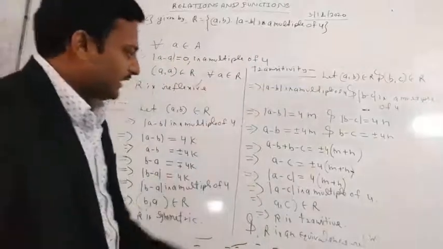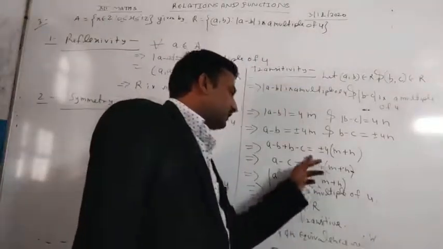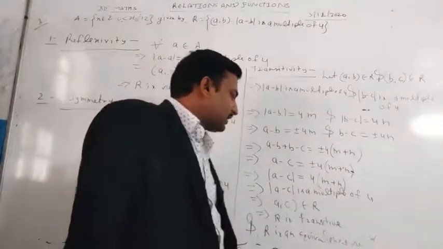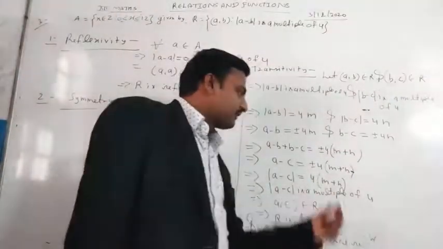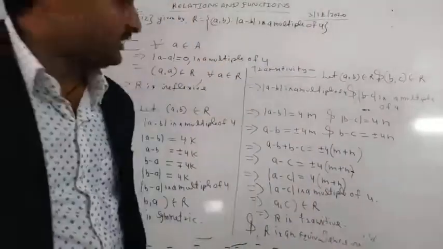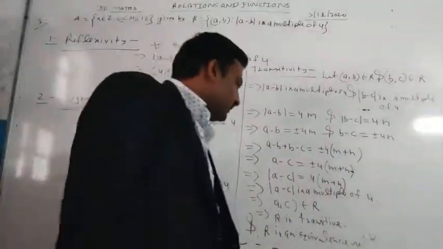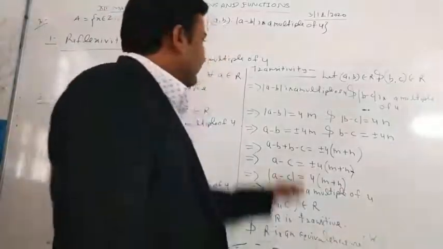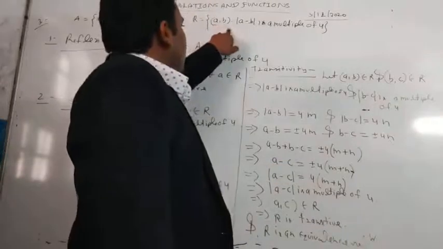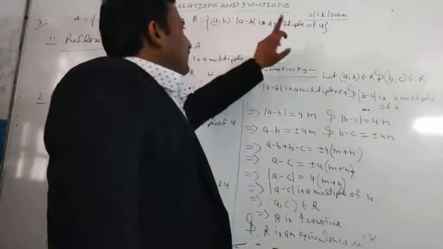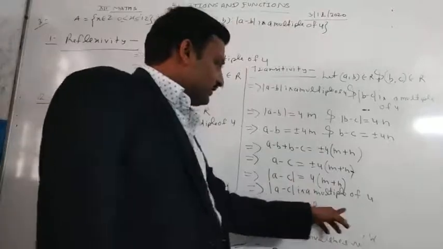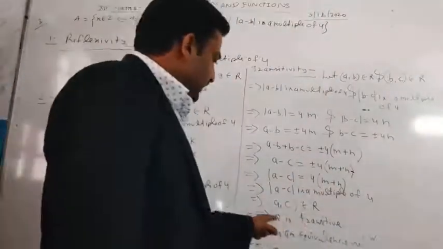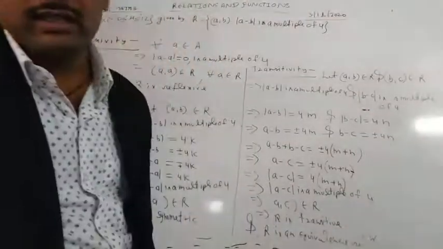When we write the modulus sign again, we remove the plus minus and write 4m plus n. So A minus C is a multiple of 4. By the definition, (A, C) belongs to R, because (A, B) belongs to R such that A minus B is a multiple of 4. So R is transitive.